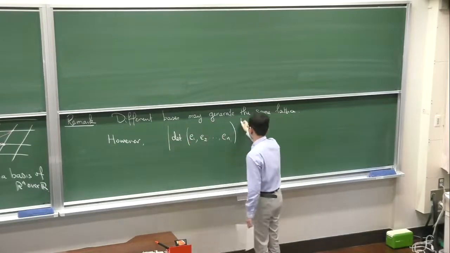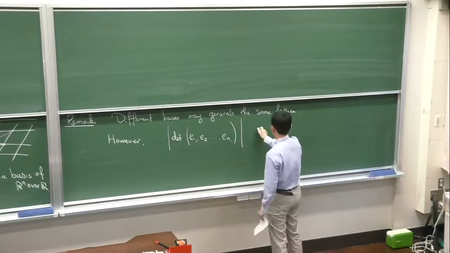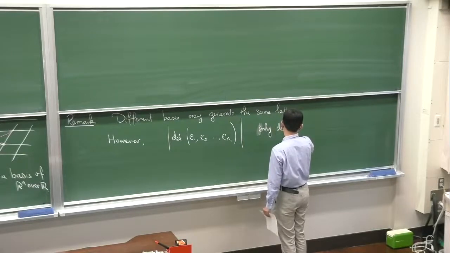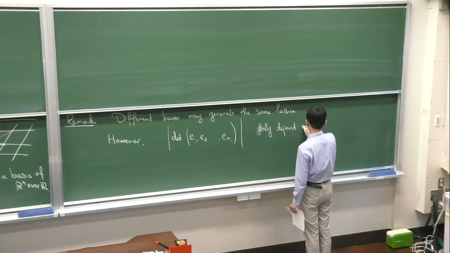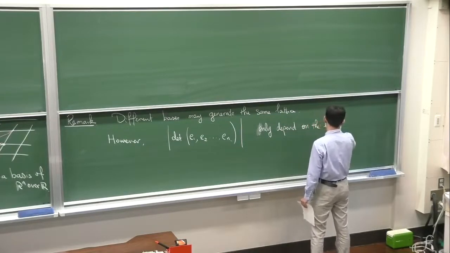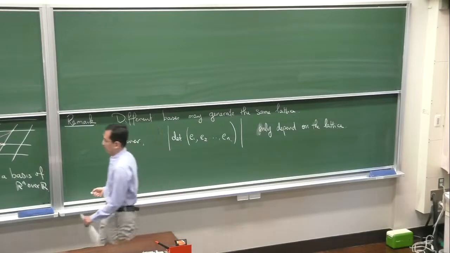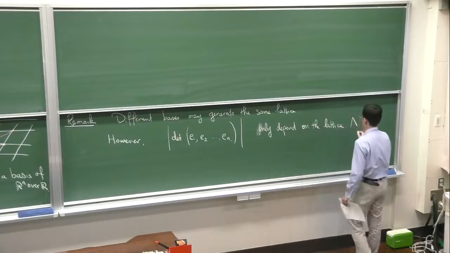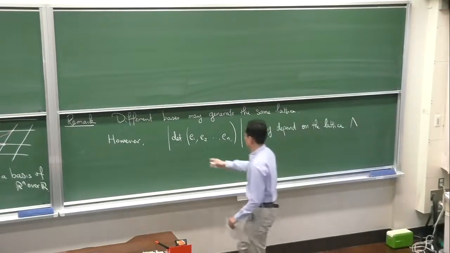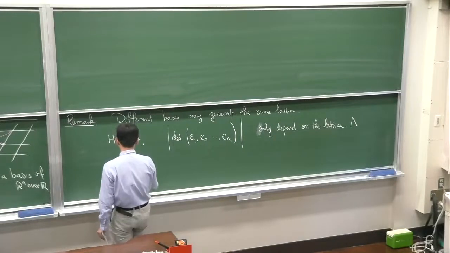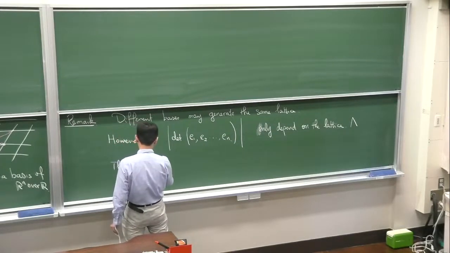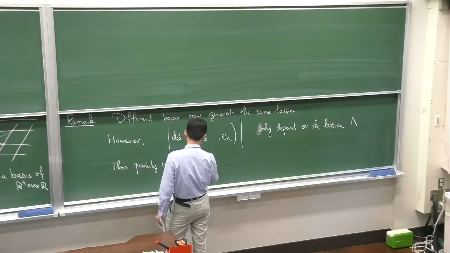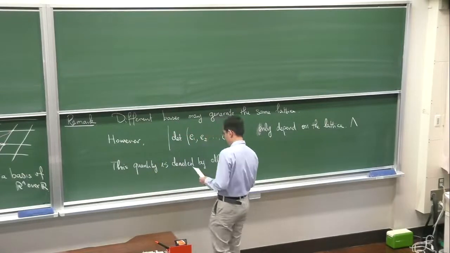If you take the absolute value of this determinant, it only depends on the lattice Λ. This quantity is denoted by d(Λ).